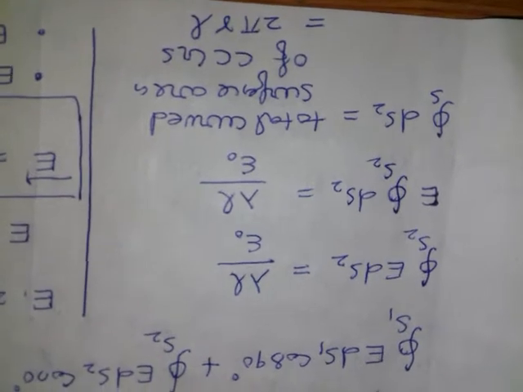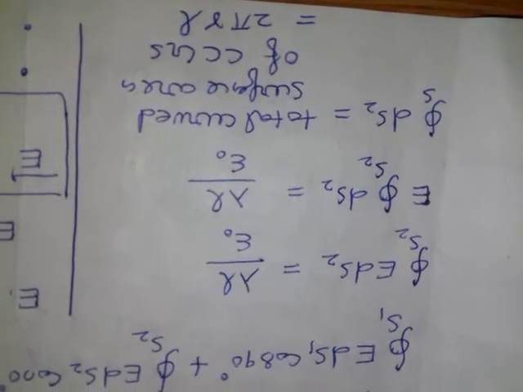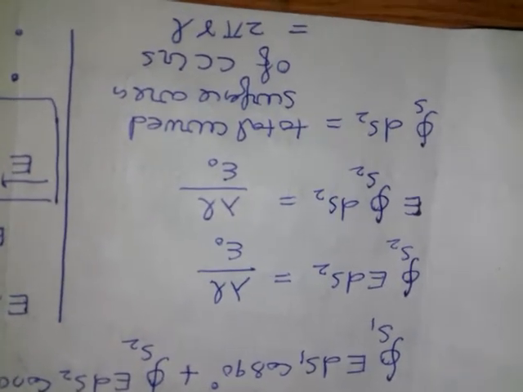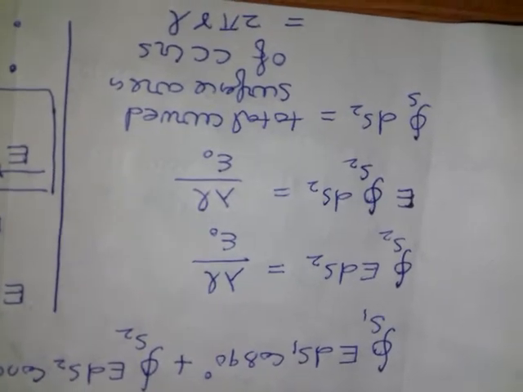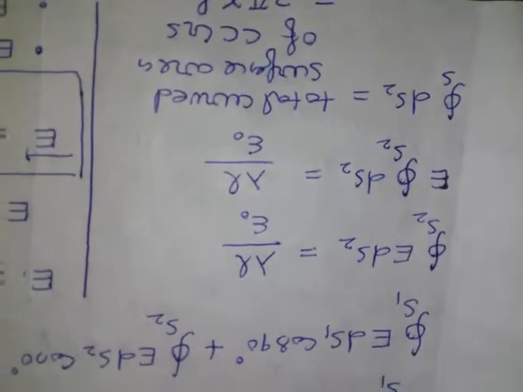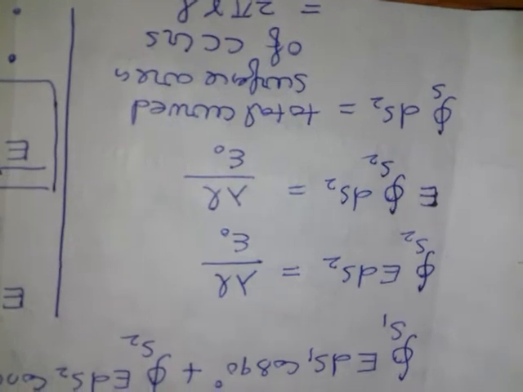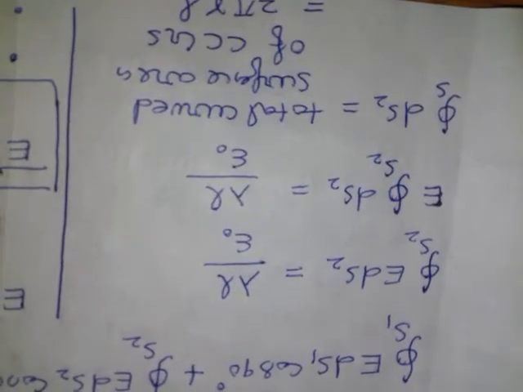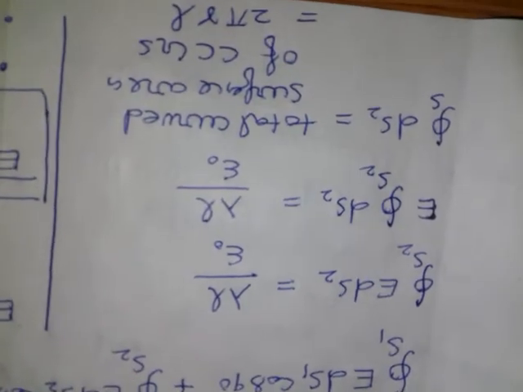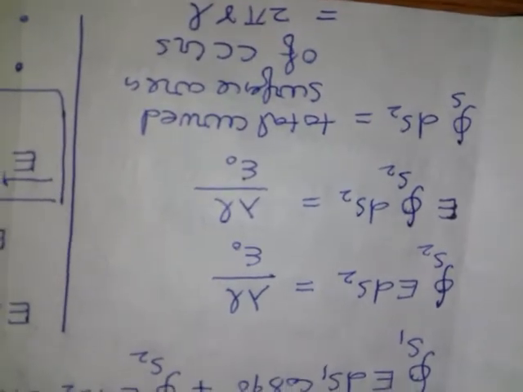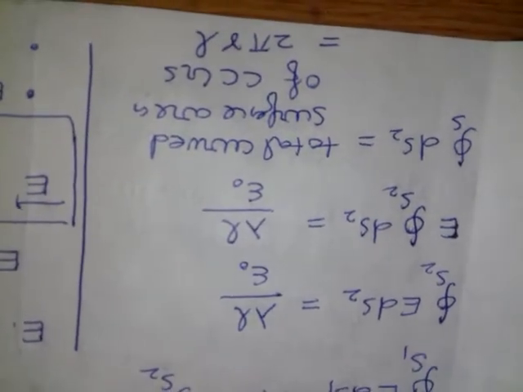The beauty of the closed cylindrical Gaussian surface is that E is the same everywhere on it, so E is constant and can be taken out of the integral. So E integration dS2 is equal to lambda L upon epsilon naught.